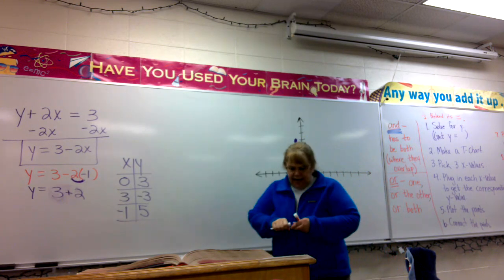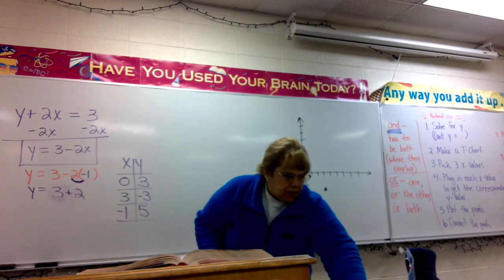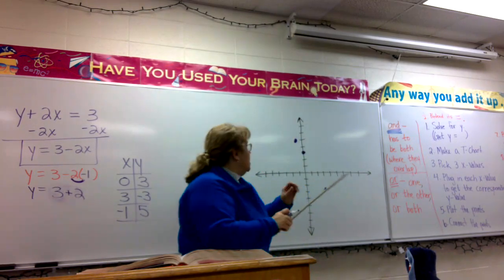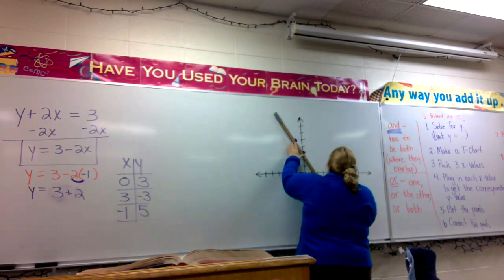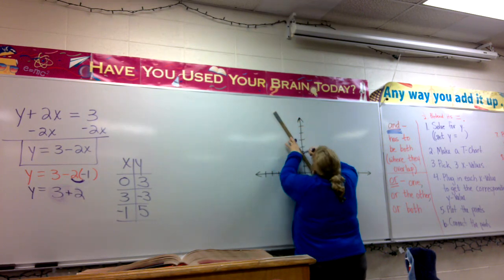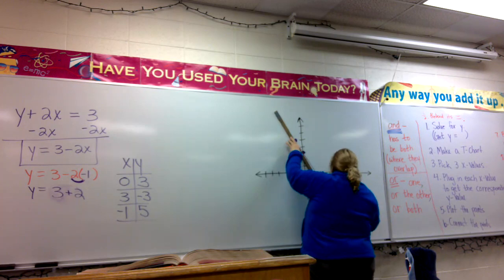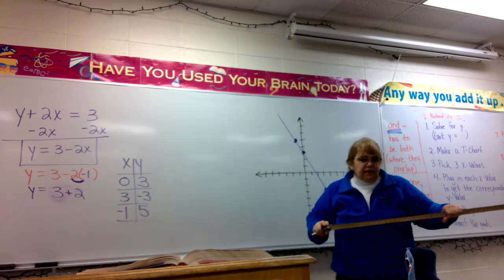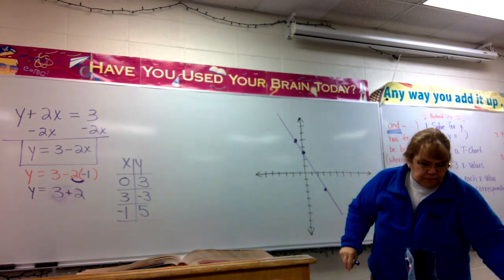What's my last step? Line. Yeah, you got to connect those. And don't forget when you connect them, you got to put arrows at the end. Why do you put arrows at the end? Right, to show that it goes on forever and ever.